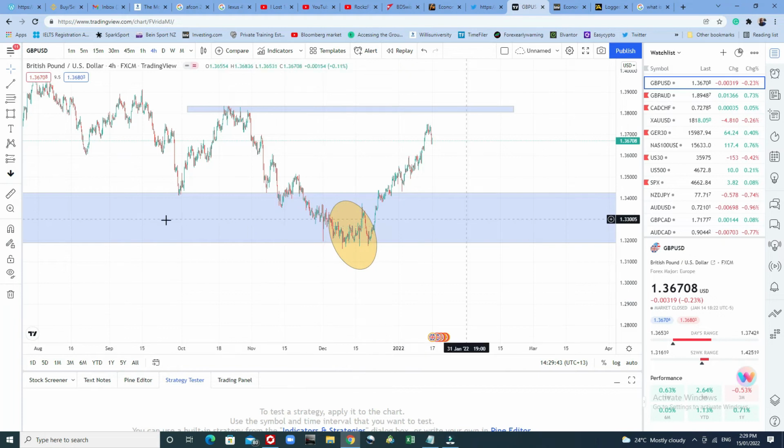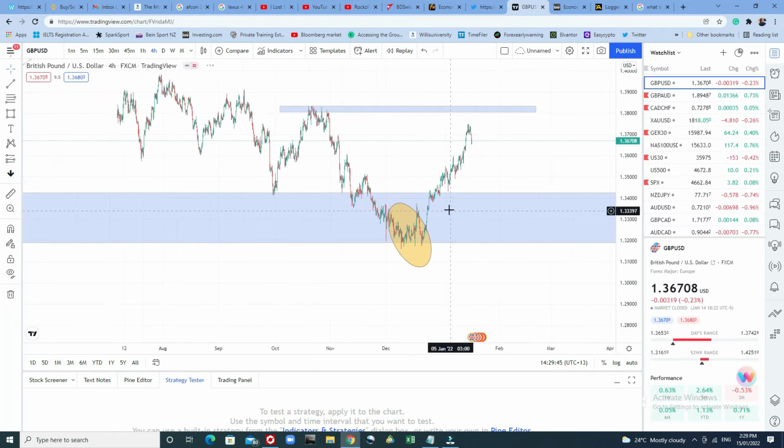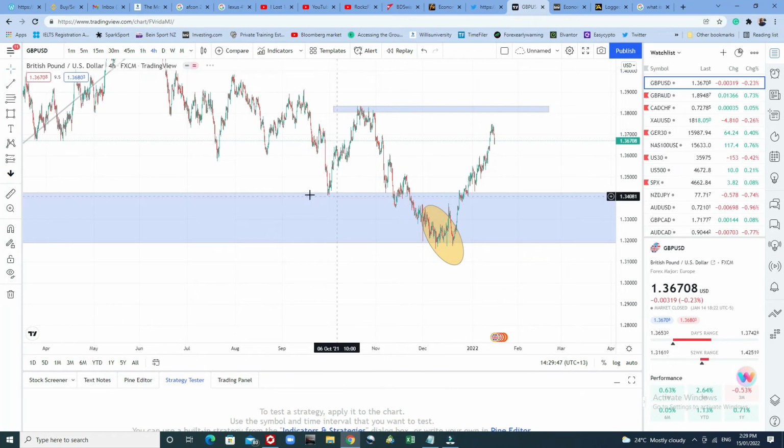You can see how big it is. It means that when the market comes here, it will take a lot of force to break through this resistance. And once the market breaks through this resistance, it's going downwards because it's strong enough. But now let us focus on this area.